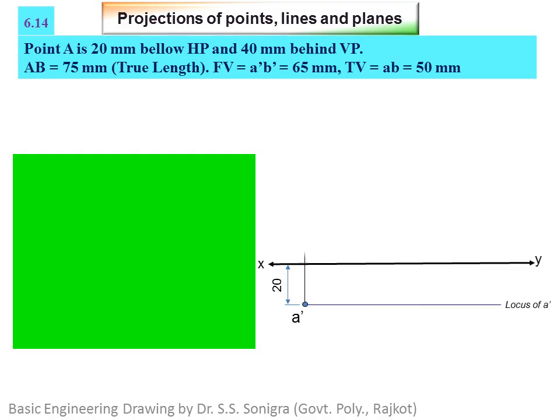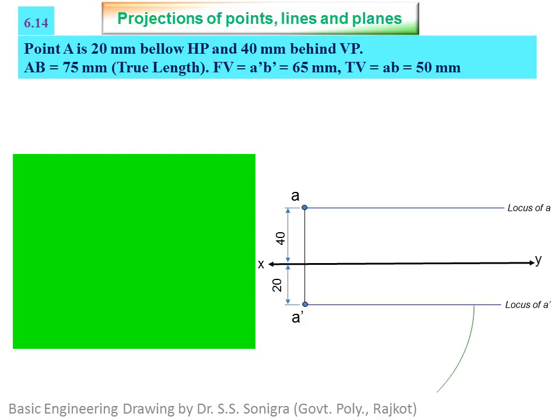First of all, locate the position of point A. A dash will be below the XY line at a distance of 20 mm, that is the locus of A dash, and A will be above the XY line at a distance of 40 mm, and we can draw the locus of A. Now think about the given data. Here true length is given, and the length of front view and length of top view are given.